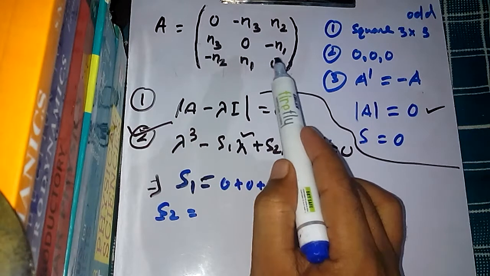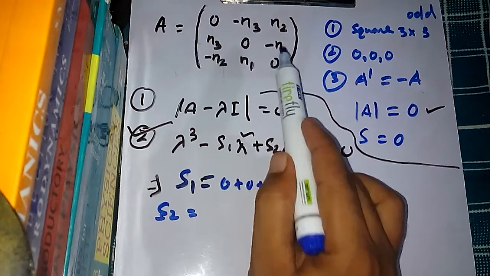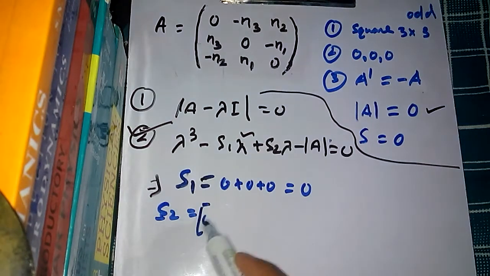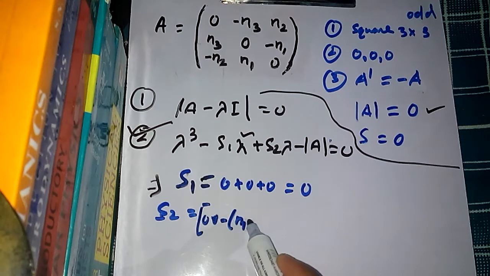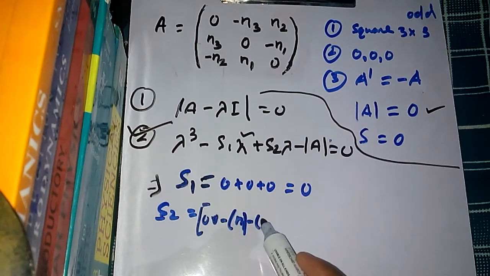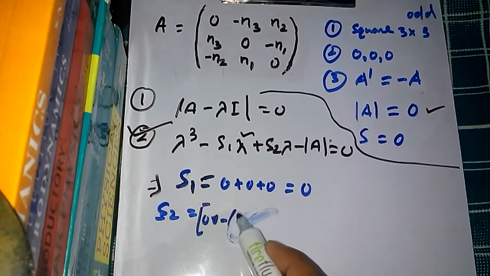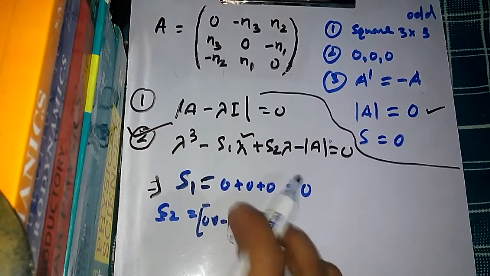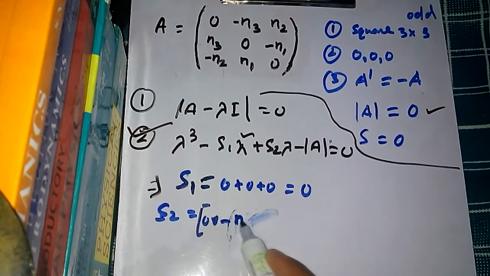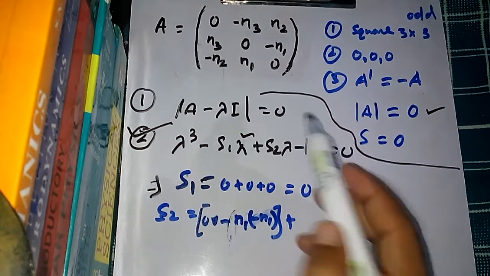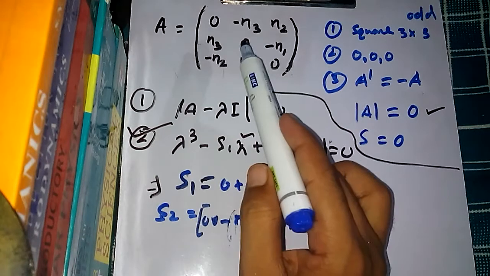So what are we left with? 0 into 0 minus n1 into minus n1, that is, 0 into 0 minus n1 into minus n1, plus the minor of the second diagonal element.